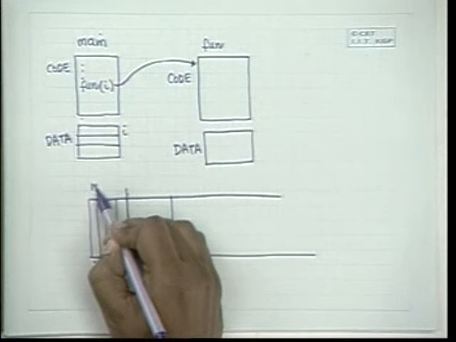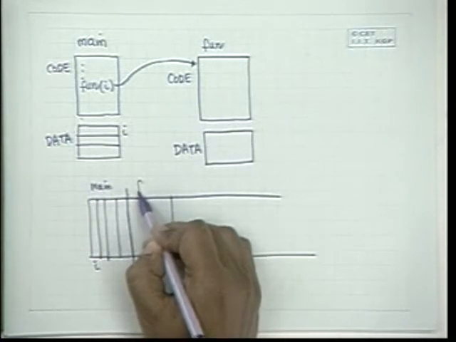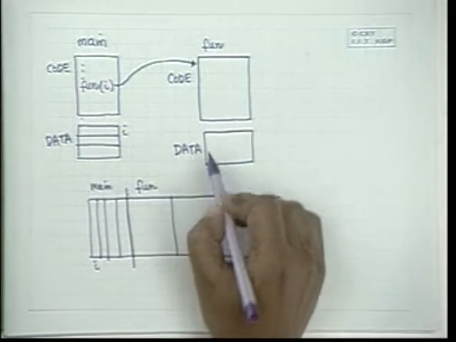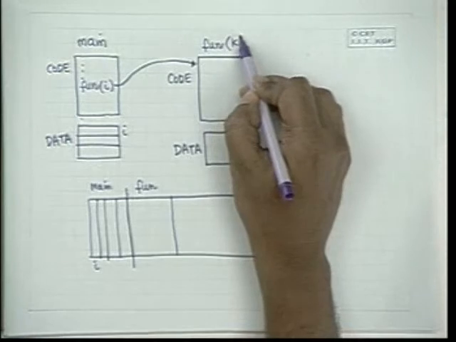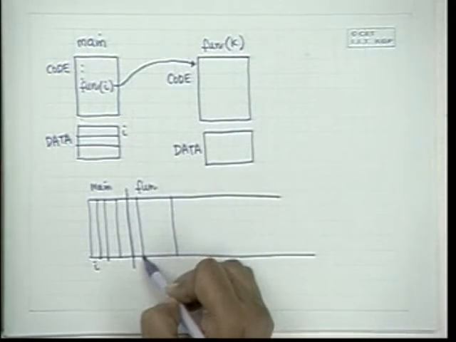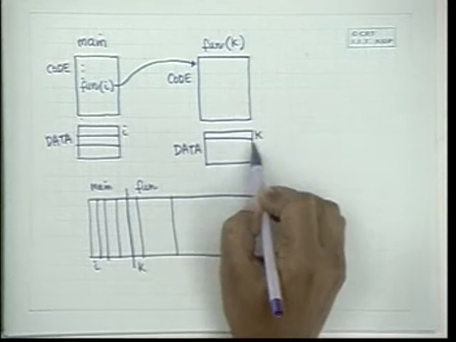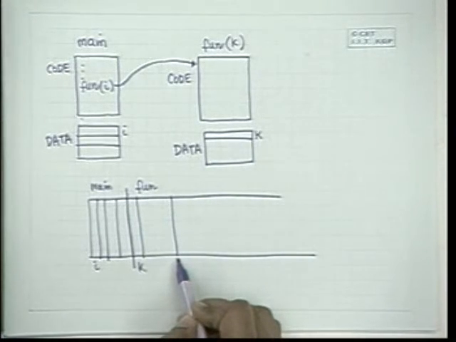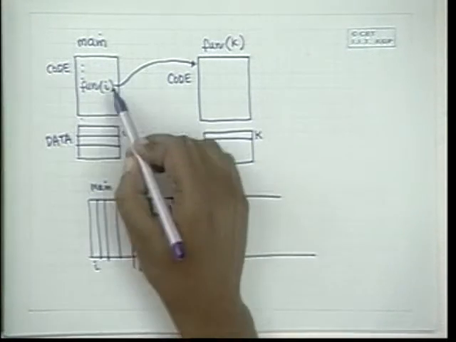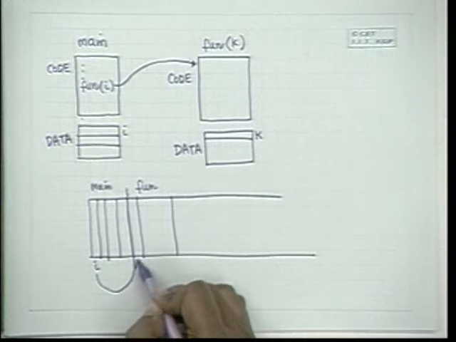So this is main, this is fun, gets stacked up here. So this may be fun k. So corresponding to k, there was a block which got loaded up here, and due to the call this value got copied here.